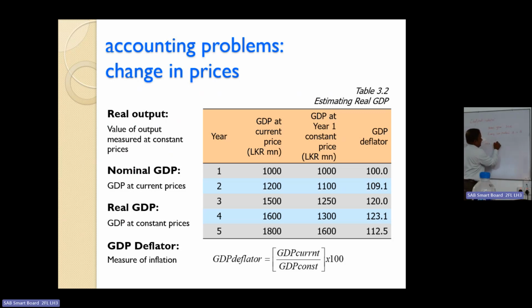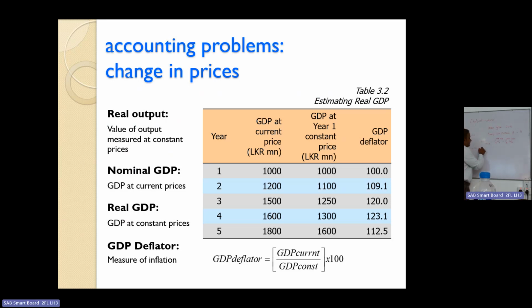Price of product A times quantity of product A, the price in 2023 times the quantity produced in 2023, plus PB 2023 times QB 2023. We value that, and that is the current GDP.